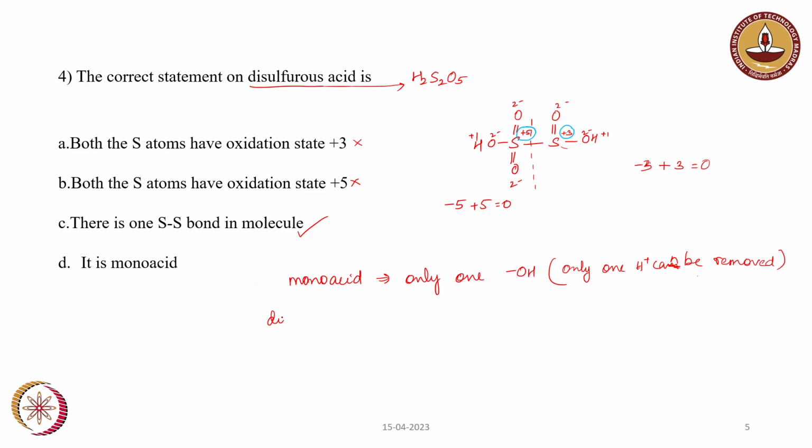And a dibasic acid has two OH groups, so two H plus can be removed.